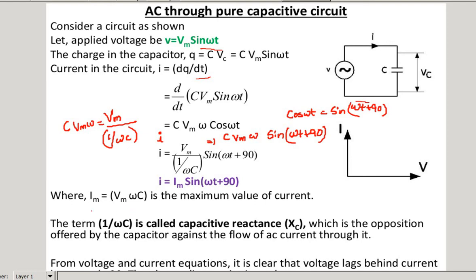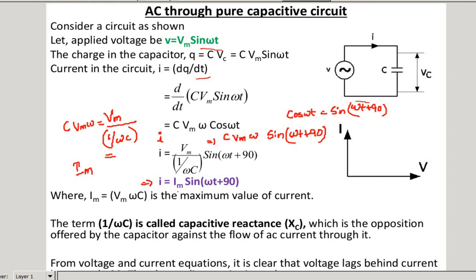This expression is the maximum current through the capacitor. C Vm omega or Vm divided by 1 by omega c is the maximum current Im. So, we can rewrite the equation of current as I equal to Im sin of omega t plus 90. This is the instantaneous value of the current through the capacitor.